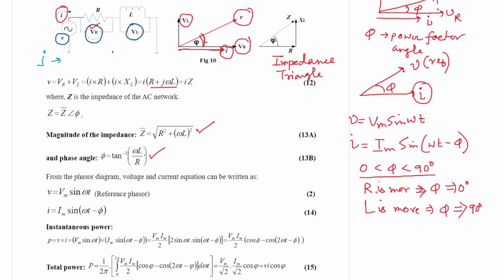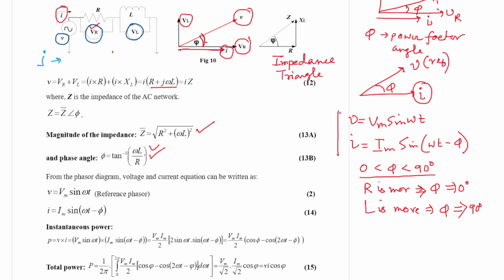If R is dominant over L, you see this expression, it will give you a low value, so phi will be near 0 degrees. And if L is more, then this numerator will be large, so it will be tilting around 90 degrees. So depending on the values of R and L, phi will be between 0 to 90 degrees.